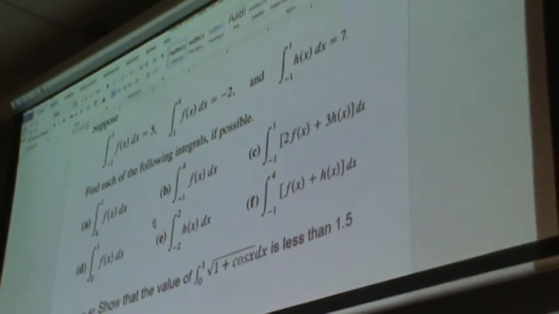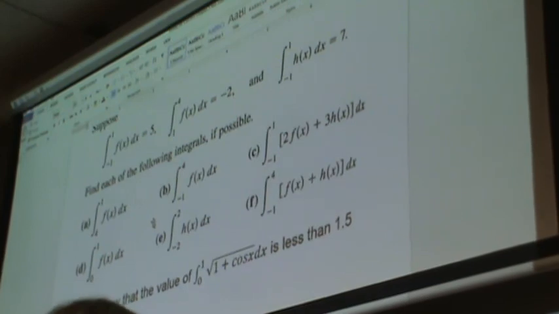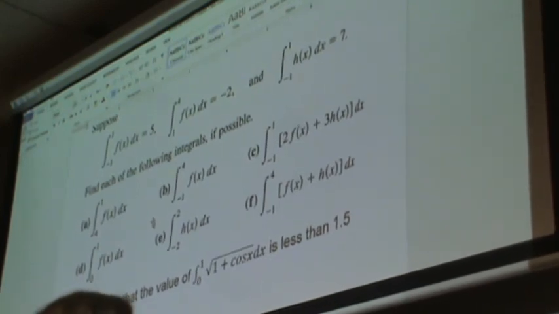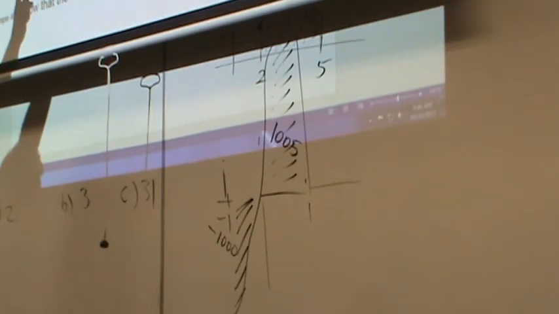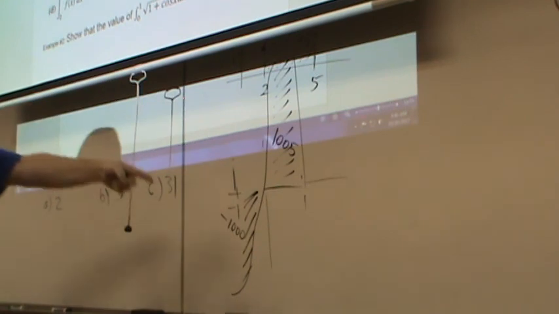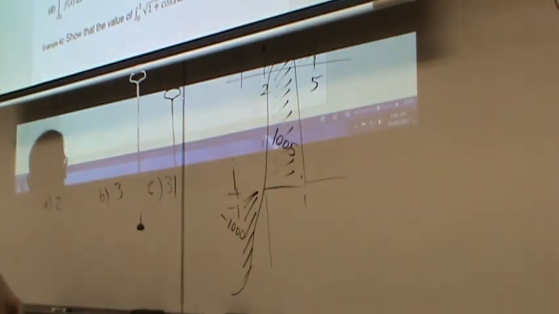I drew an area where this area is -1,000 and this area is positive 1,005. That would satisfy the requirement that the integral from -1 to 1 equals 5, but your integral from -1 to 0 is -1,000, something you would never have guessed. It could be anything.